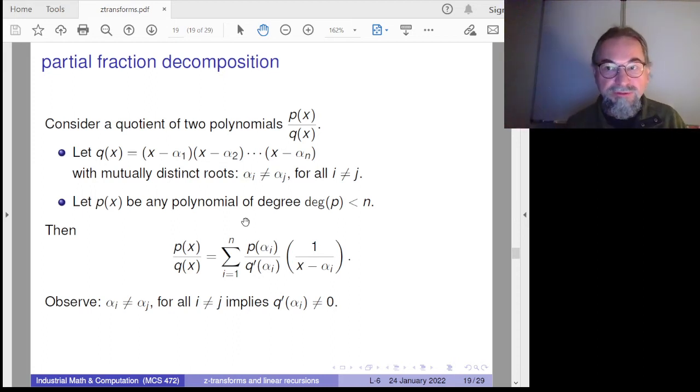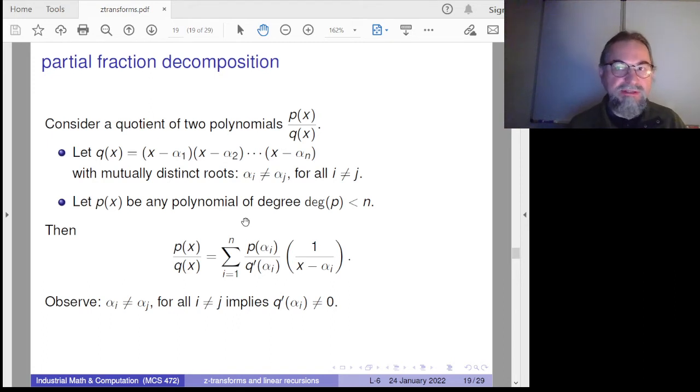So if you're interested in mathematics, you might have been a little bit disappointed in the first 2 weeks, which were very much hands-on and practical. Here actually we have a theorem that says that if you have a quotient where the denominator is a polynomial with mutually distinct roots, we have some constants.